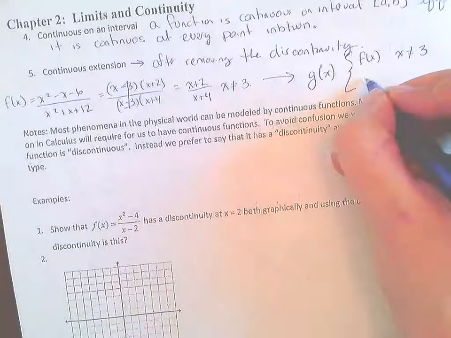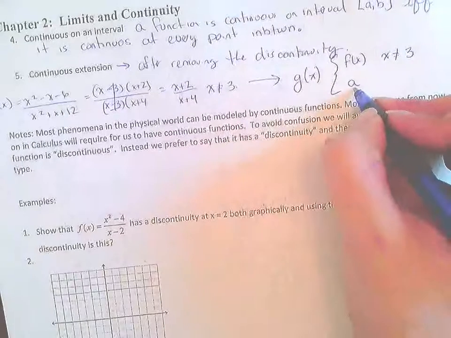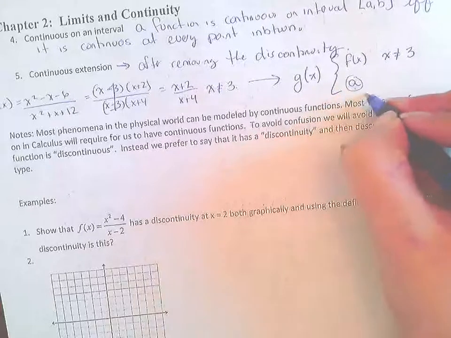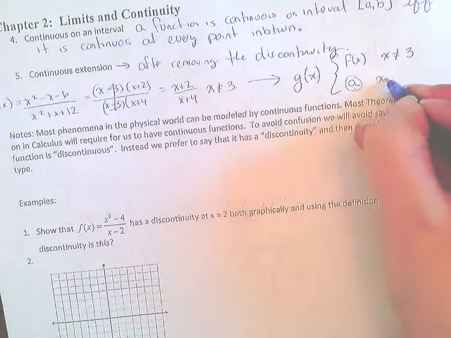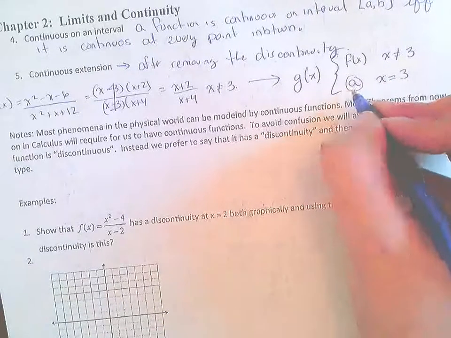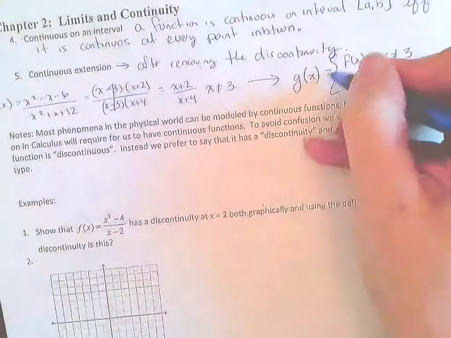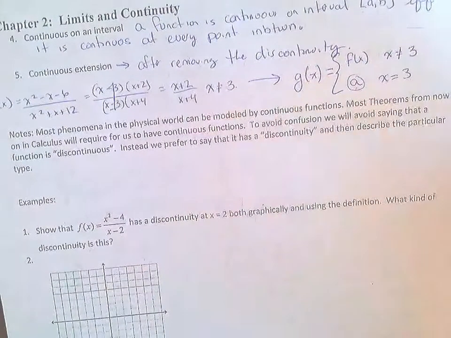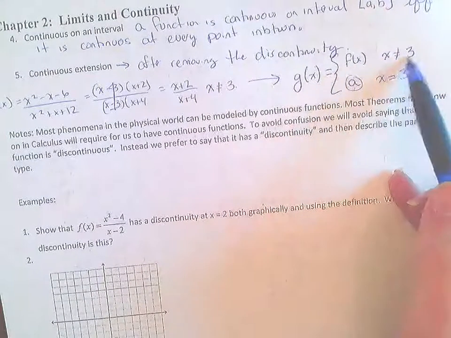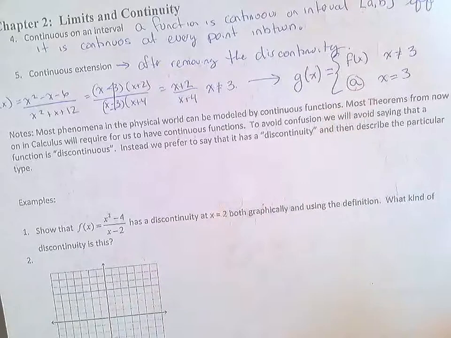But down here, you would put the y value of 3, and you would say that if x equals 3, you have a hole at that point. It's just a continuous extension. You're telling the reader or the mathematician that yeah, this function does have a hole at this point, but here is where that point is. That's really all it is.